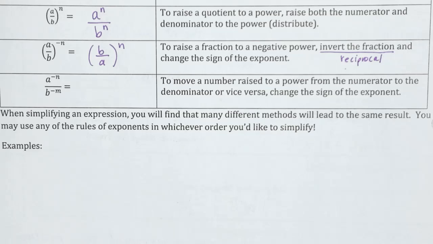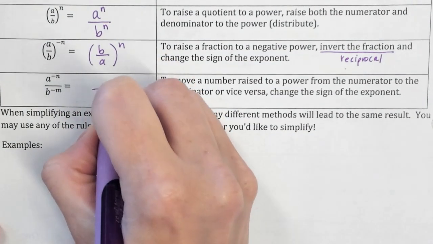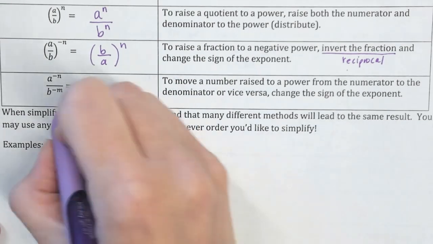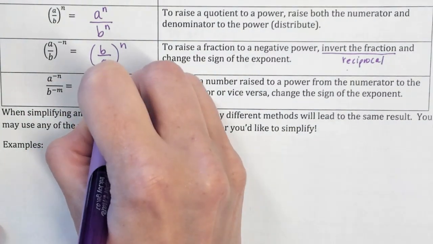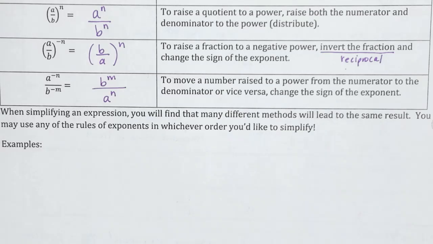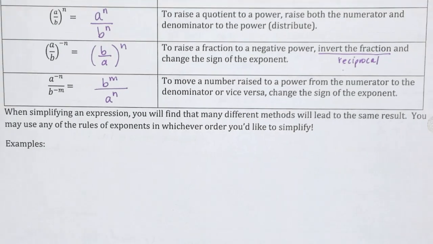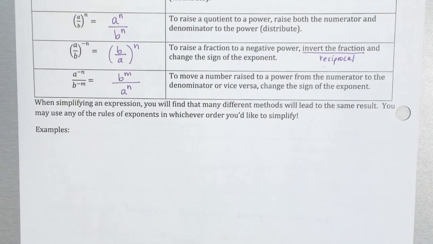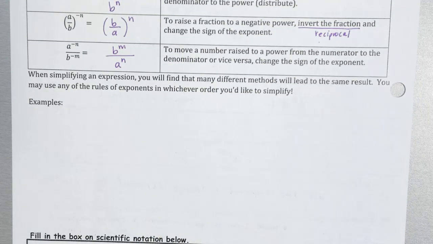Okay, and then this is what we just practiced. So if you have a to the -n in the numerator, to make it positive, it goes to the denominator, and then b to the m will go in the numerator. Okay, so when you're simplifying an expression, like I said, you're going to have several different ways that you can do this.